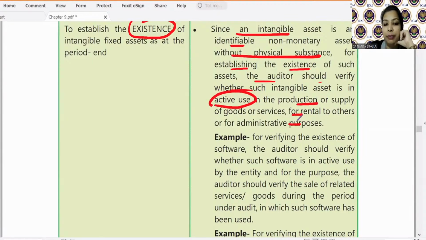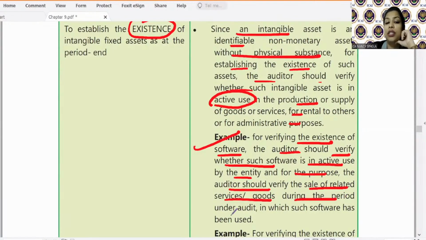For example, for software, the auditor should verify whether such software is in active use by the entity, or whether there was sale of related goods or services during the period under audit in which such software has been used. Clear?